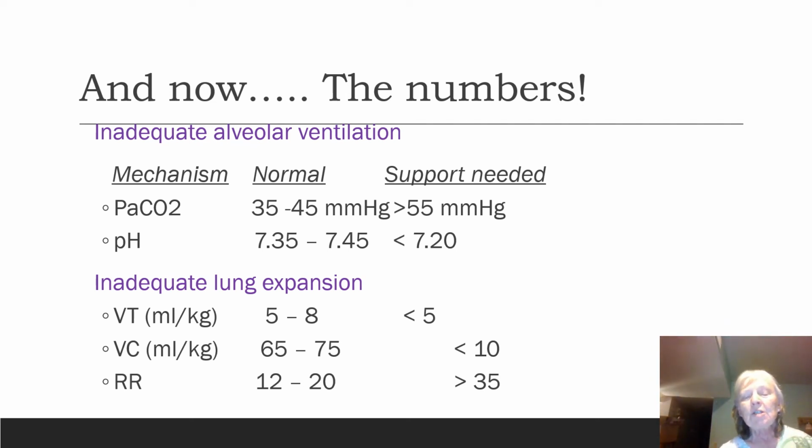So as I mentioned, the tidal volume, 5 to 8 mLs per kilo. Anything less than 5 mLs per kilo is an indicator for support. So what I want you to do is take out a piece of paper. You have a male who is 5 feet 6 inches tall, and you want to find out how many kilos he is.